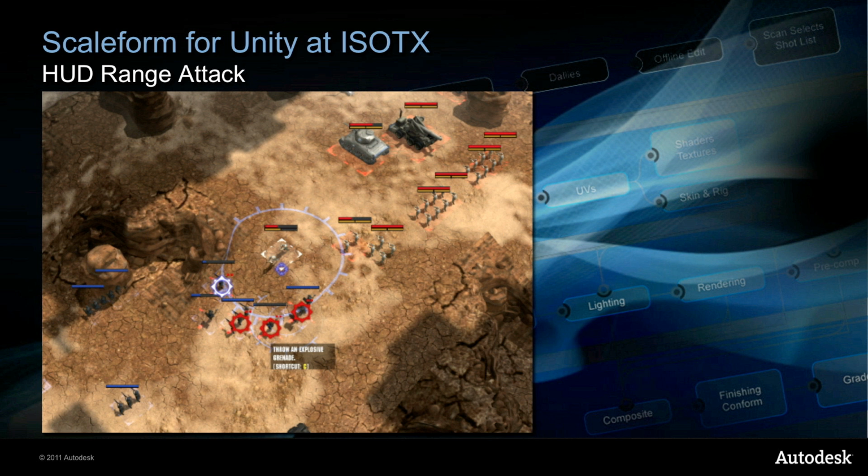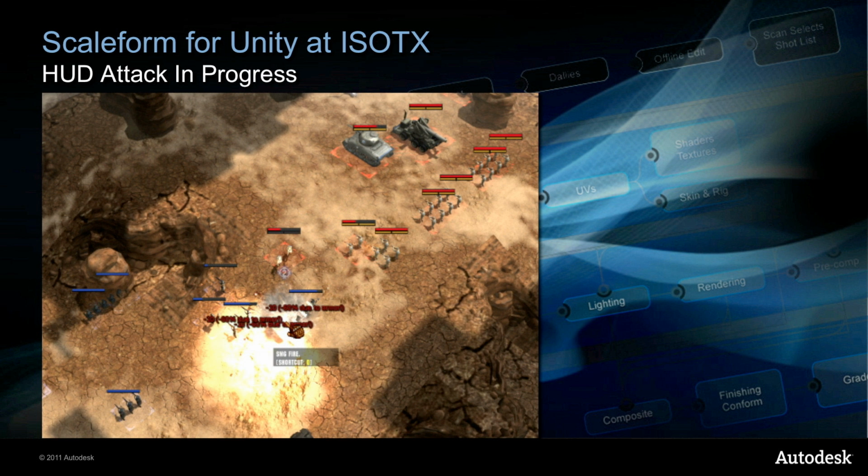The game can just say, here's where you're going to attack, here's the range, and ActionScript can figure out, oh, these are the units that you have to do something with, and what color you do, where you position it, all that kind of thing. And then when you actually do the attack, then Flash cleans it up, all the cursors go away, and only the fiery remnants of the units are left.